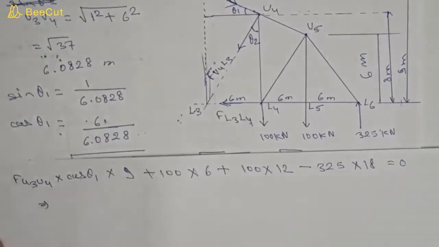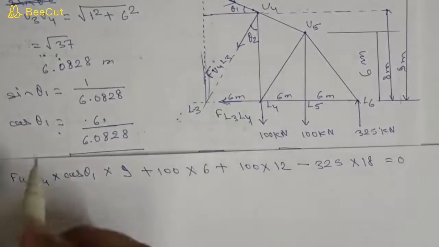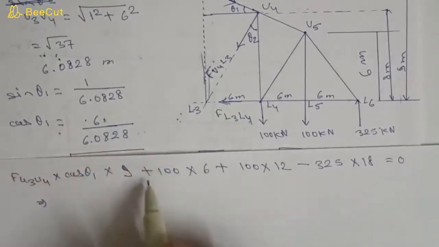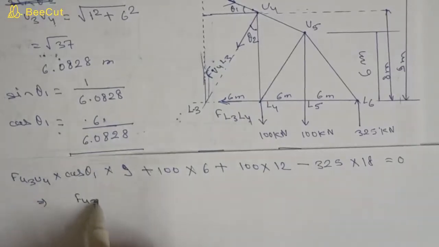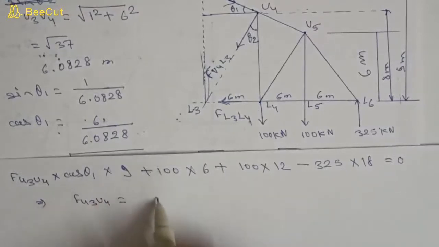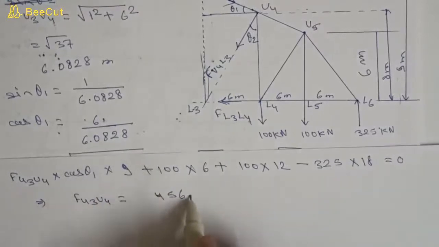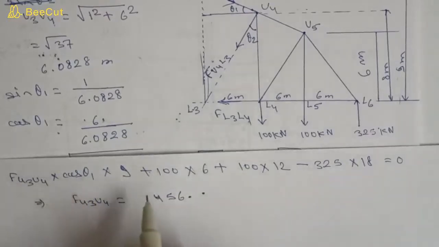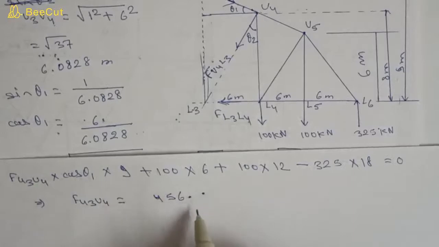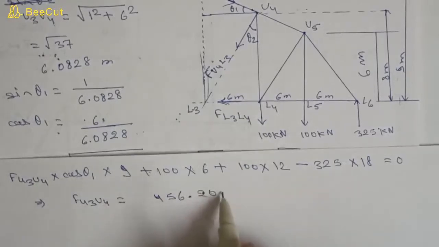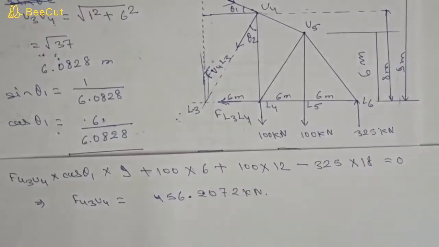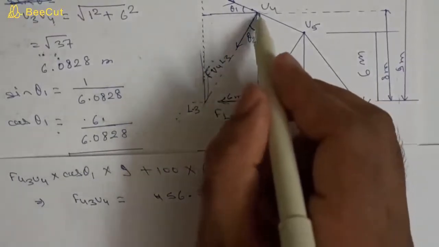So if you solve this, we have already found the value of cos theta 1, 6 upon 6.0828, and all these values you can calculate in the calculator. So F U3 U4 will come as 456.2072 kilonewton.